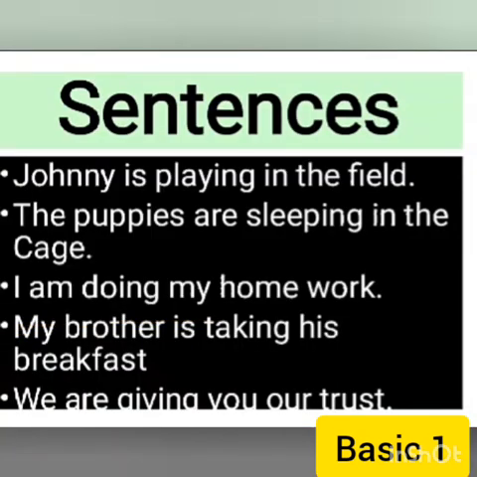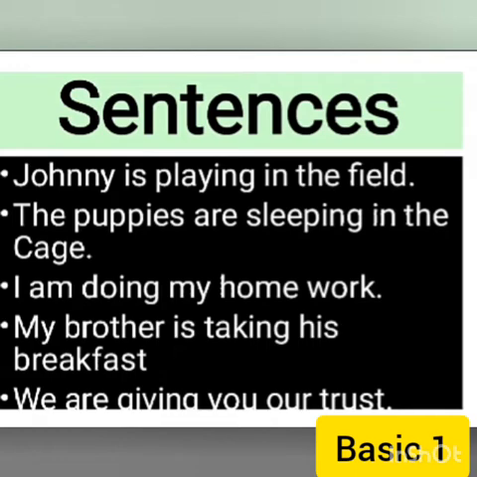Let us consider some sentence examples involving the use of the present continuous tense. Number 1. Johnny is playing in the field. Notice that in the sentence, the main verb is play, and then ing is added to play.